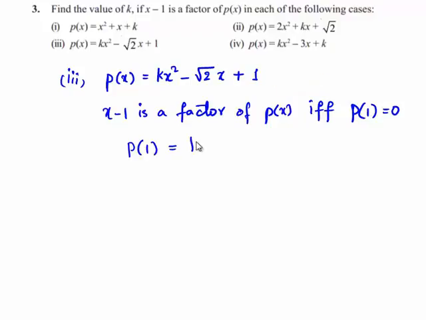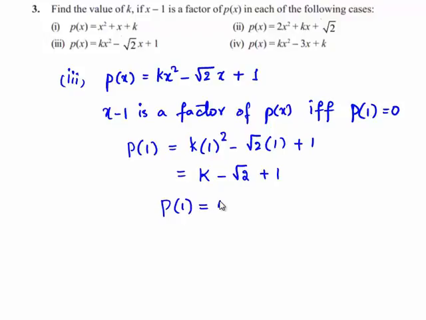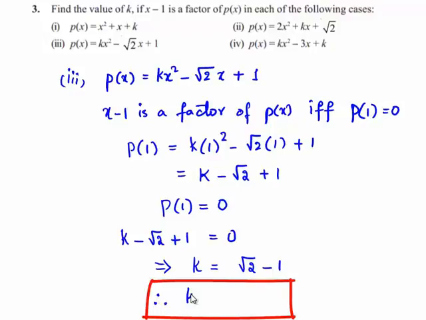This becomes k times 1 square minus root 2 times 1 plus 1, which is equal to k minus root 2 plus 1. But by our factor theorem, p of 1 must be equated to 0, which gives k minus root 2 plus 1 is equal to 0. That implies k is equal to root 2 minus 1. Therefore, the value of k is equal to root 2 minus 1.